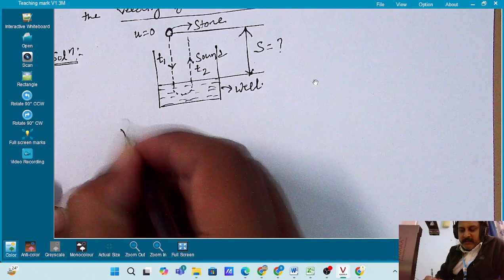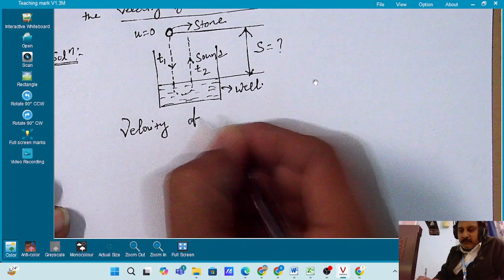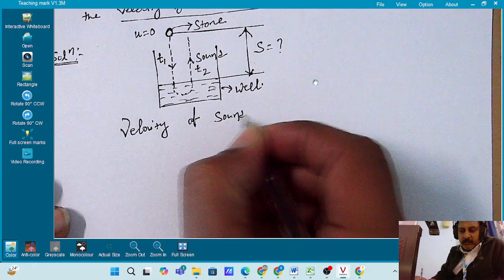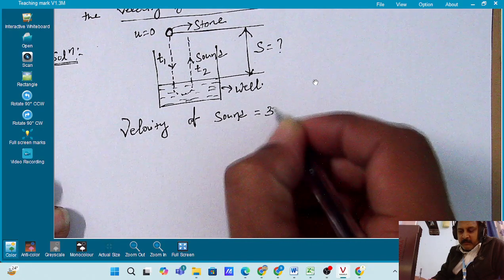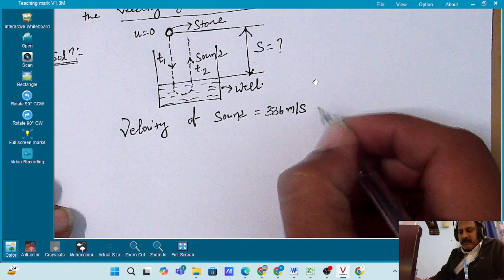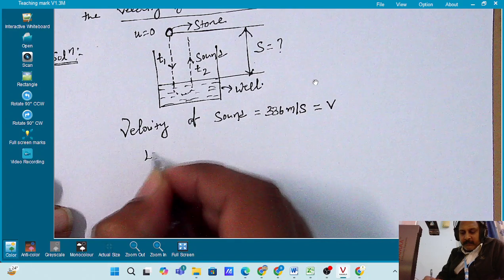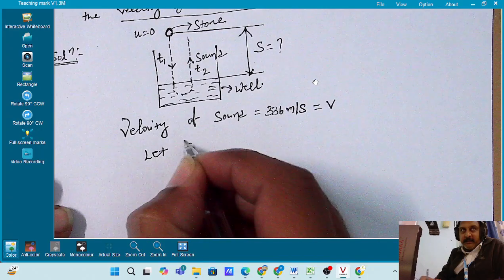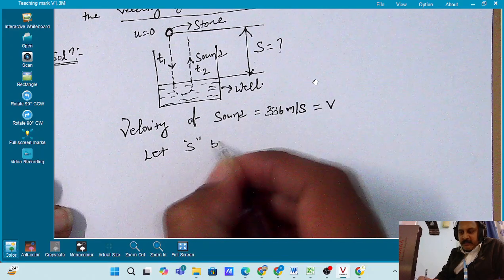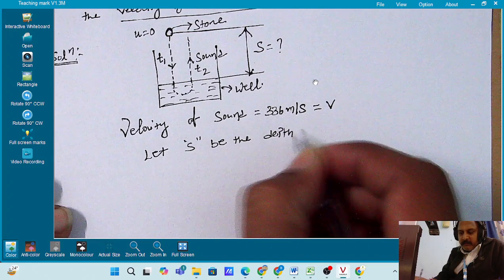Now, what is the given data? The velocity of sound is given as 336 meters per second, which let us take as capital V, and let S be the depth of the well.